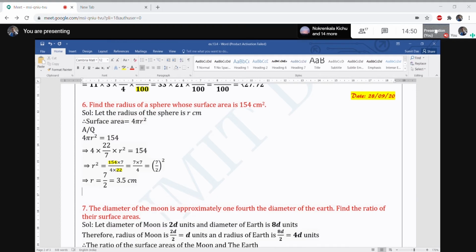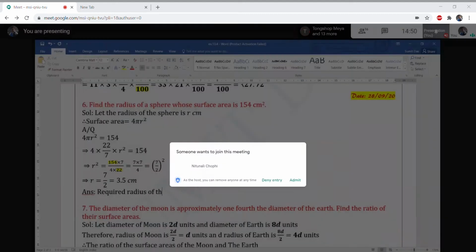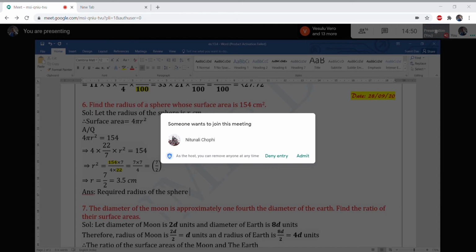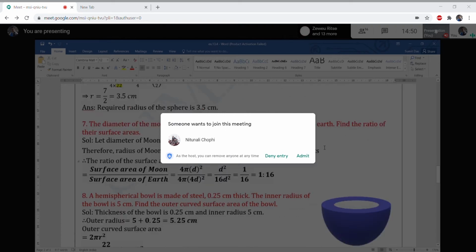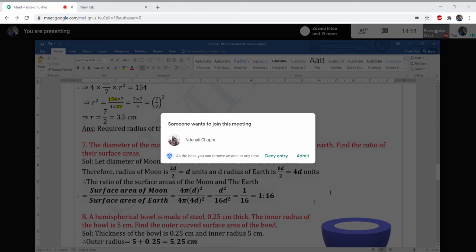So the answer will be: the required radius of the sphere is 3.5 centimeter. Okay, the next question is a very interesting question, though easy.